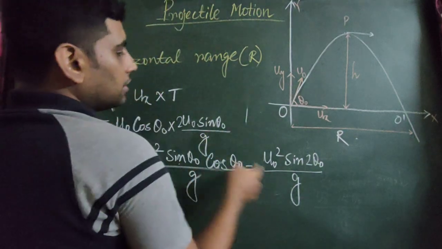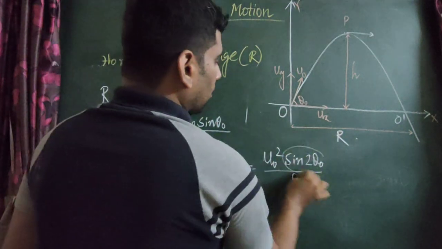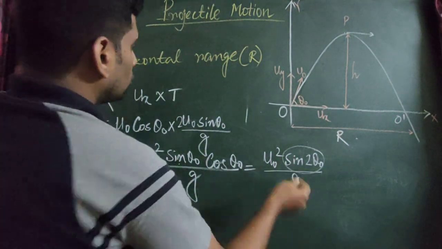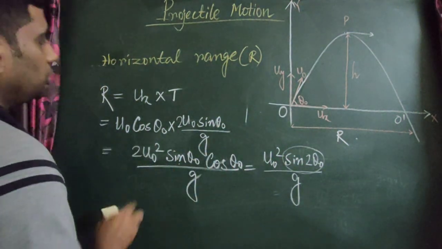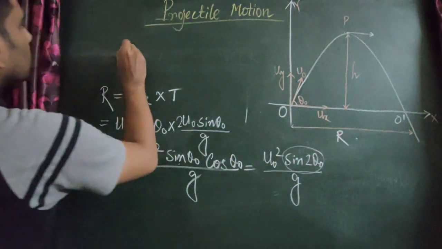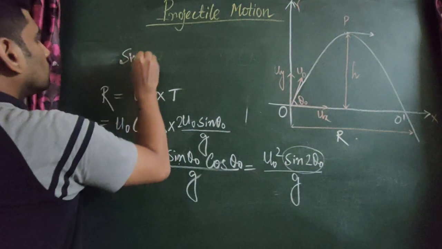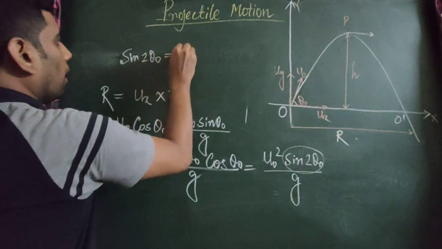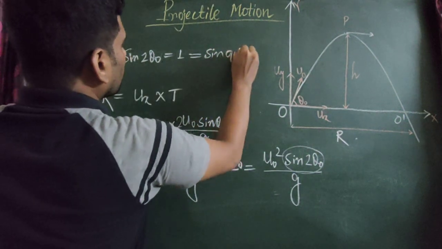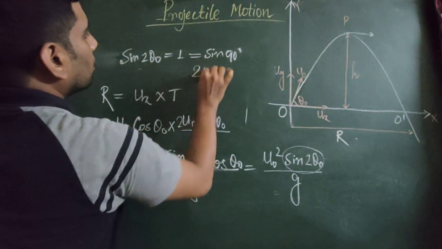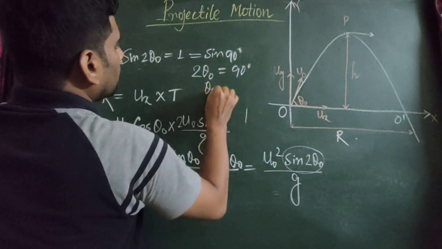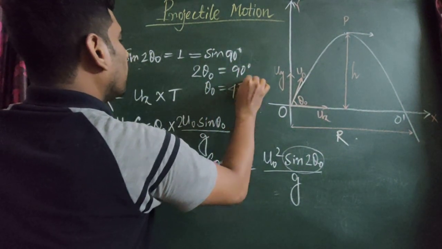Now when will this horizontal range be maximum? When this value becomes 1. The maximum value of sine is 1. So if you want the maximum horizontal range, sin 2 theta 0 has to be 1, and this only happens when the angle is 90 degrees. So 2 theta 0 equals 90 degrees, so theta 0 equals 45 degrees.